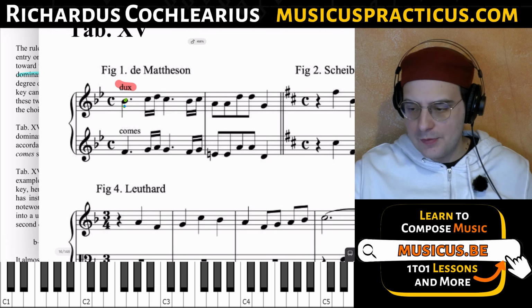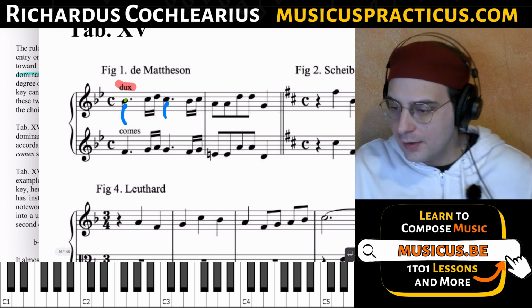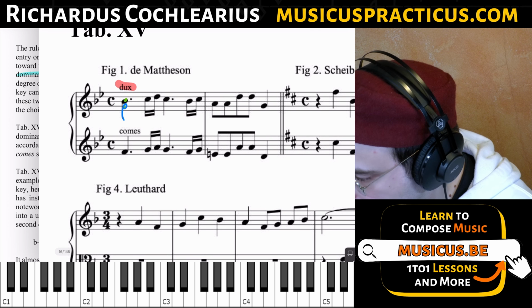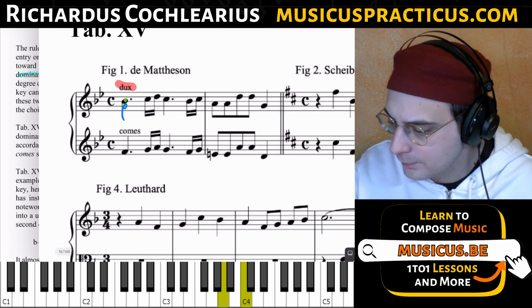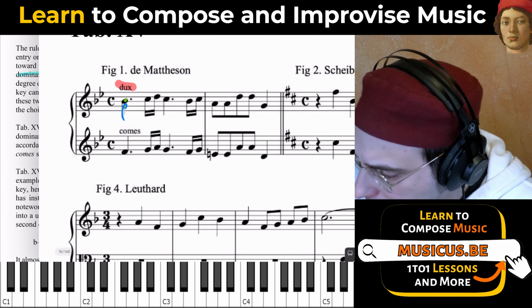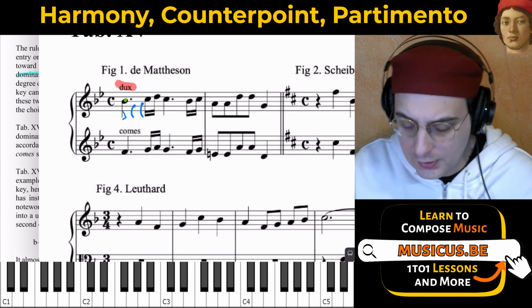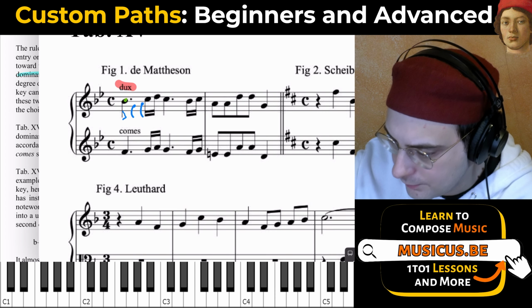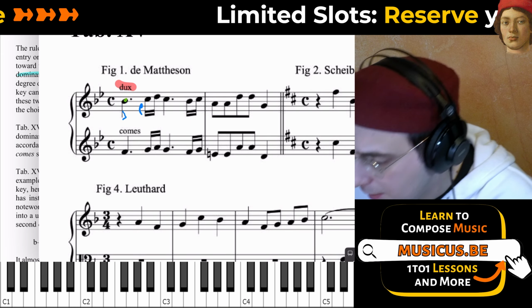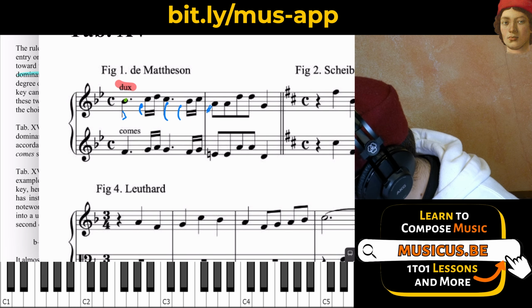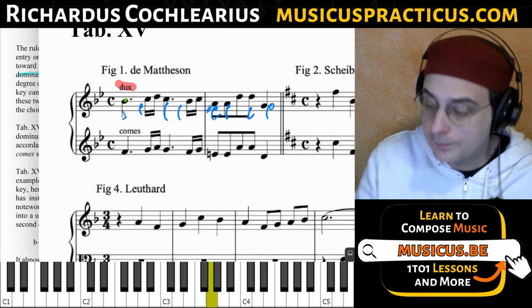Let's write simple counter subjects just to have our indications. La, sol, fa, do, la, sol, fa.